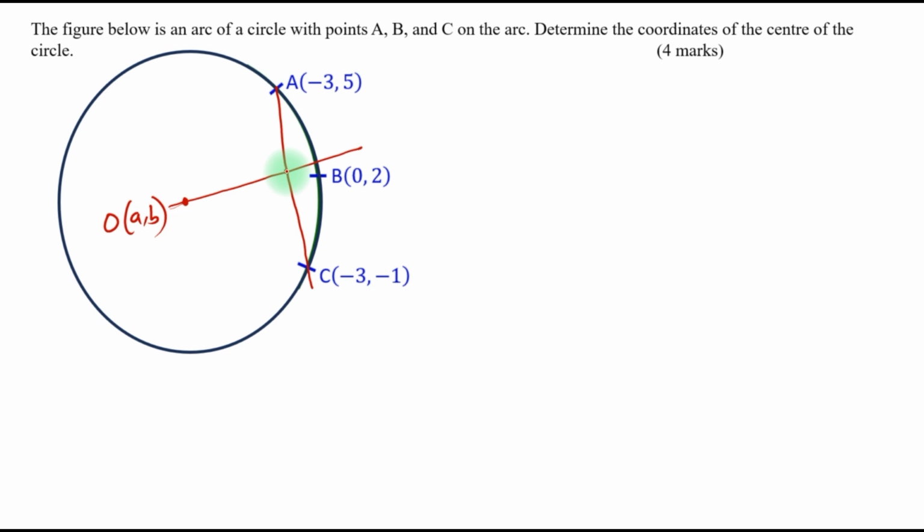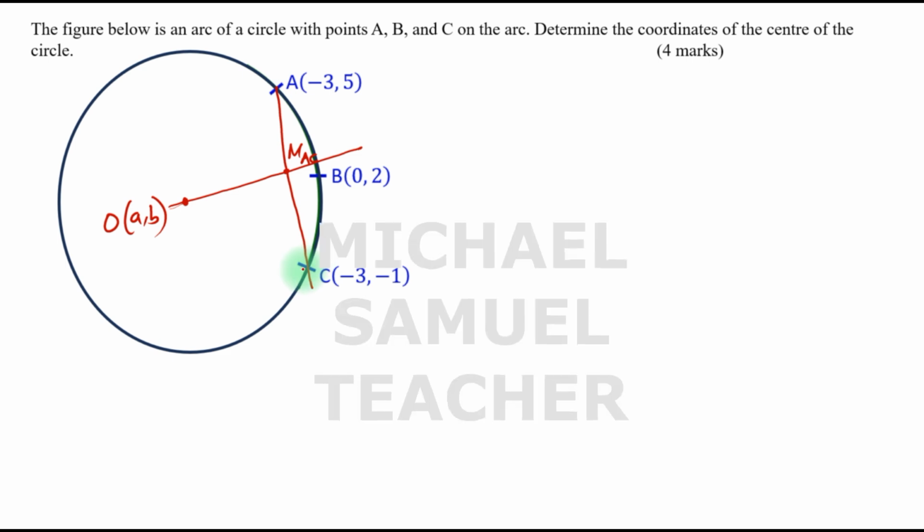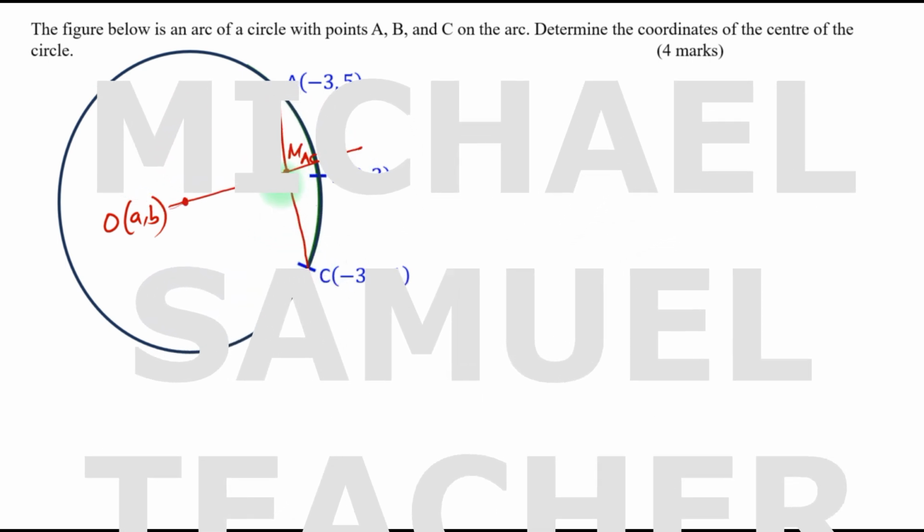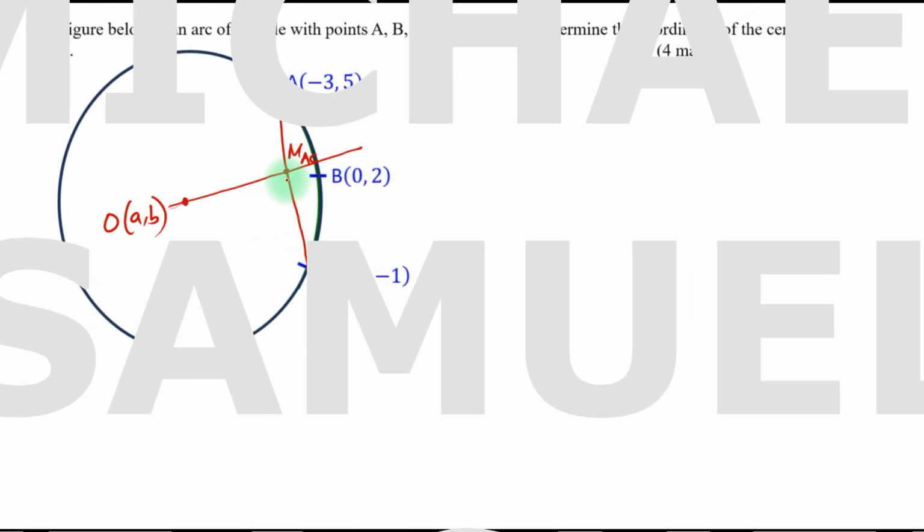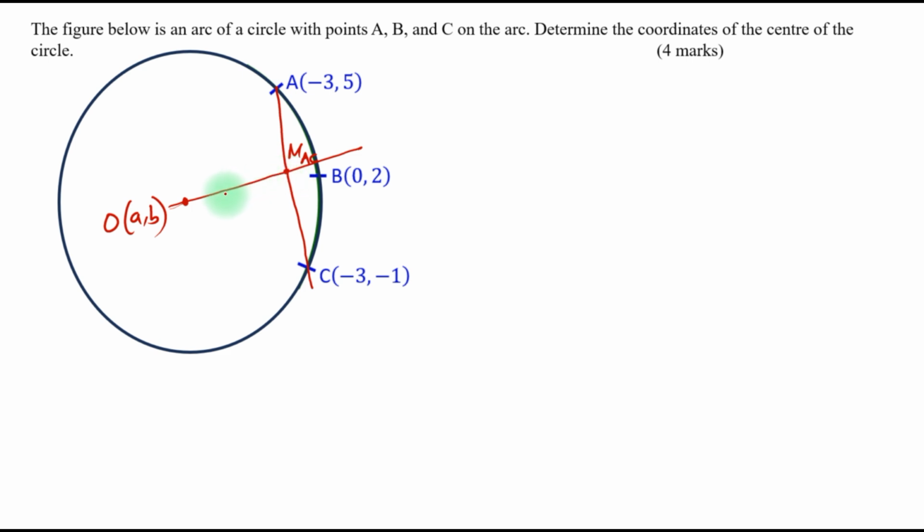So this will be the midpoint of AC. So we can find the slope of AC, and then we find its midpoint, and we find the equation of the perpendicular bisector of AC.